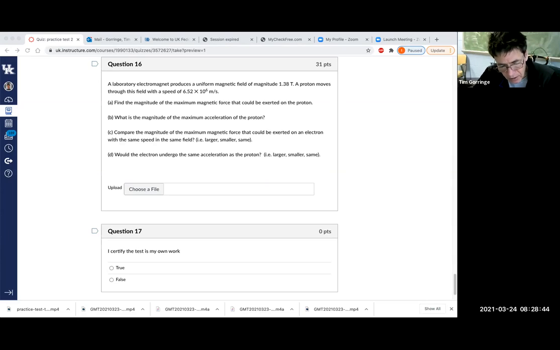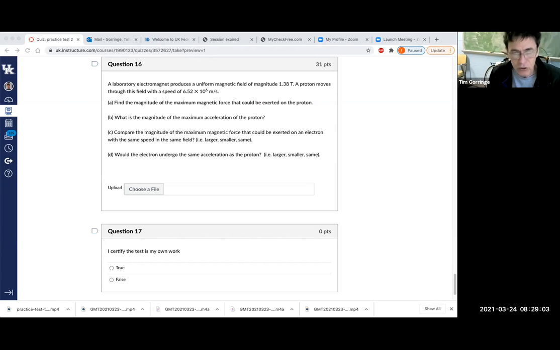Question 16 asks us to consider a proton that is moving with a certain speed, 6.5 times 10 to the 6 meters per second, in a certain magnetic field, 1.38 Teslas.